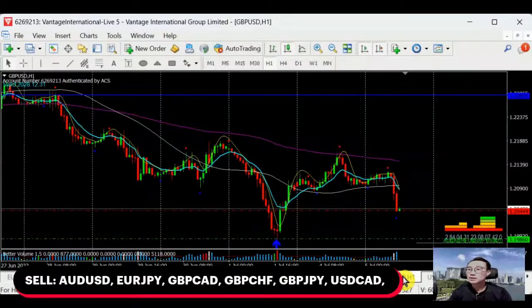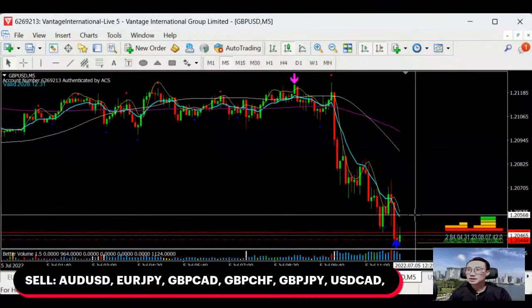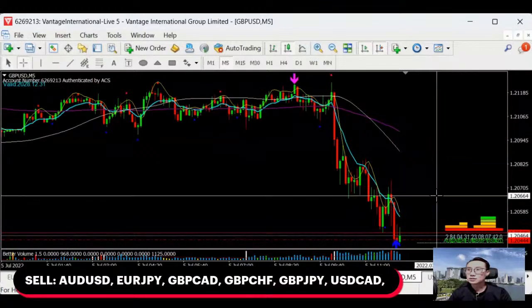Over here in the pound dollar, we are merely on the supports, so there may be a little pullback. I don't see a lot. There may be a little bit of pullbacks here.